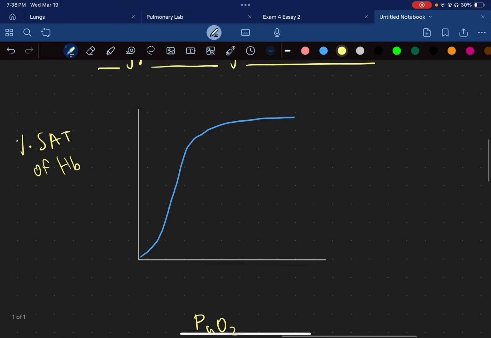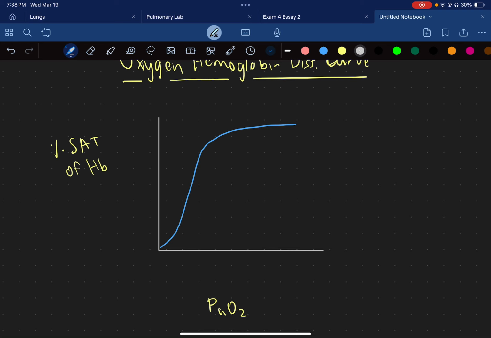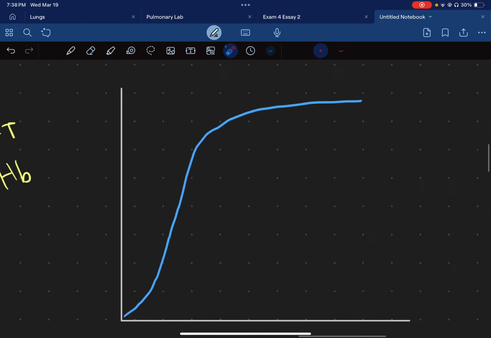As you can see, as we go along this curve, our saturation is increasing with very little increase in pressure of O2, but once we hit a certain point, it starts to flatten out, and it takes more and more oxygen pressure to saturate our hemoglobin because almost all of it is saturated.